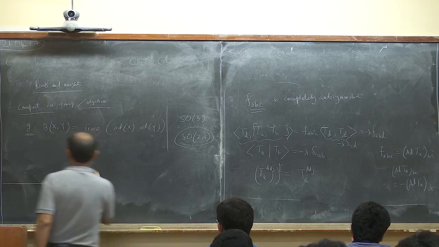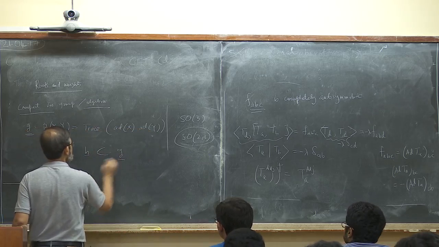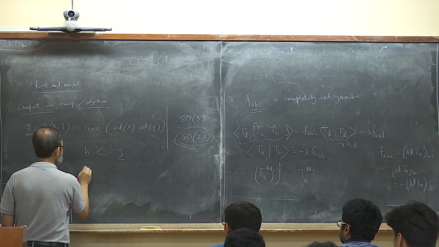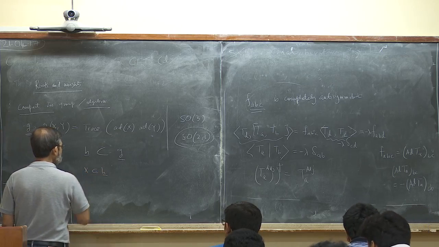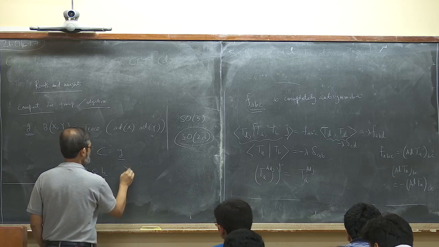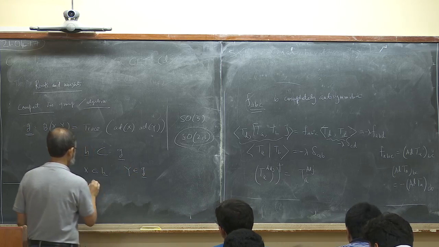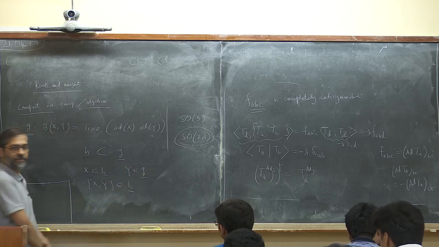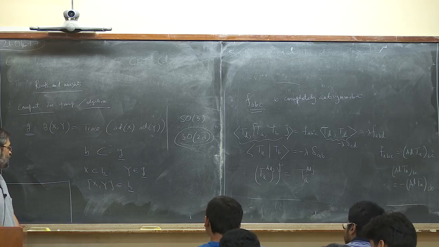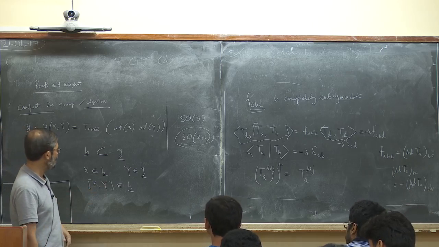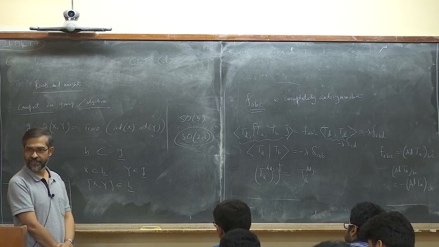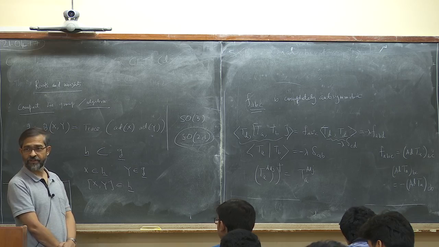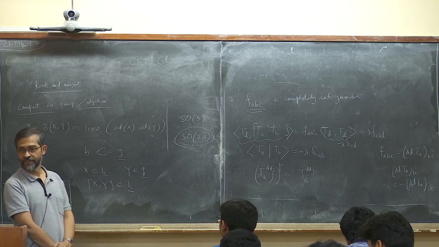Suppose that you have a subalgebra H of G. If it so happens that any x in H and any y in G implies that the commutator of x and y comes back in H, then this is called an ideal or an invariant subalgebra.